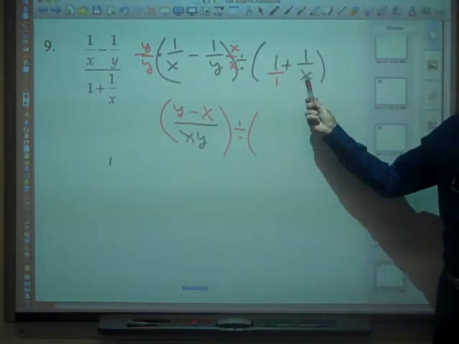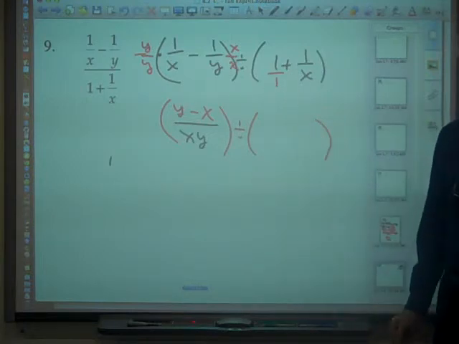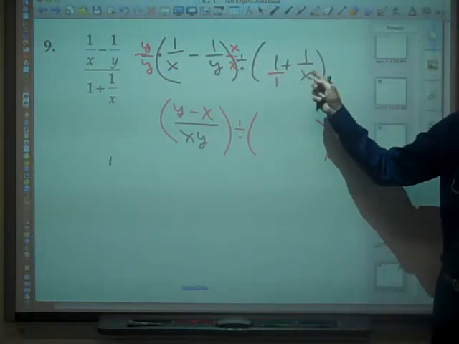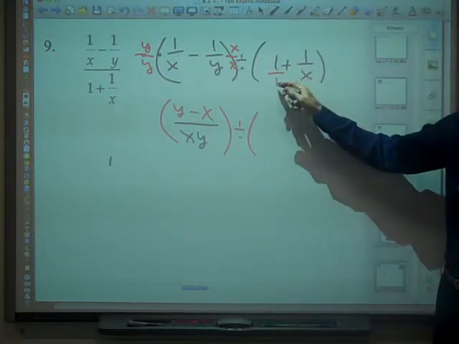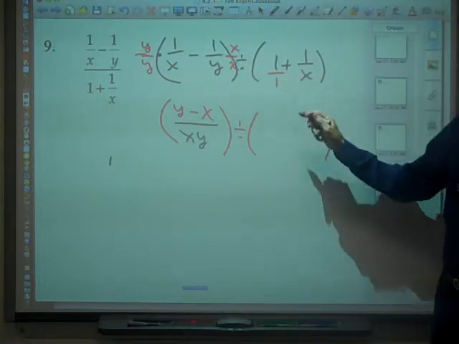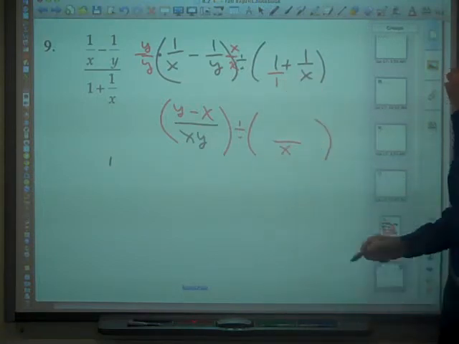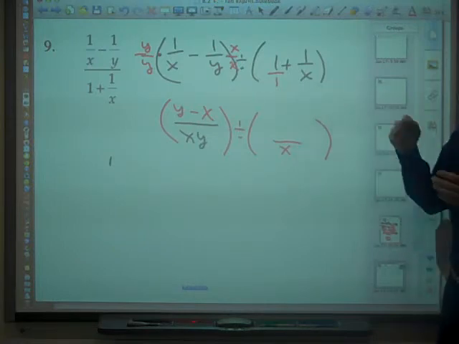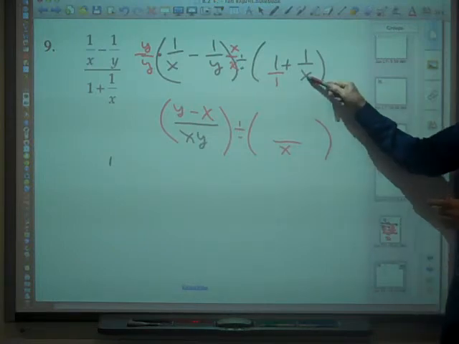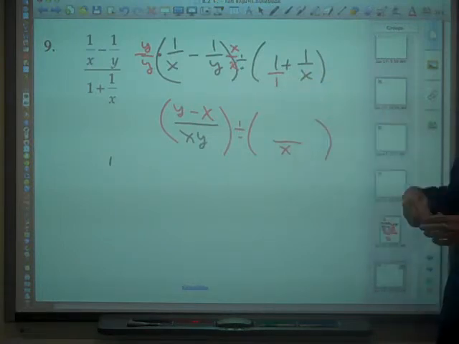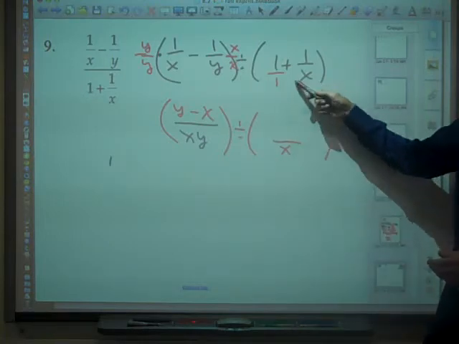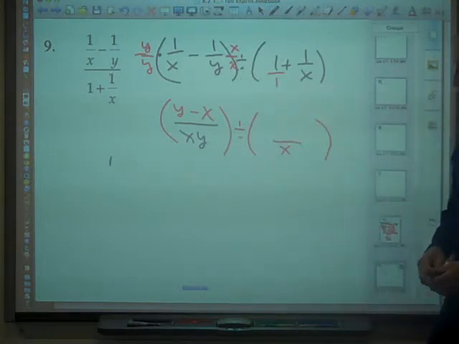What's the common denominator for these guys? How do we add those? We need a common denominator. This has x. Can we turn that into x? It's just one. There's my common denominator. It needs an x and it needs a 1. What does this need to have the common denominator?